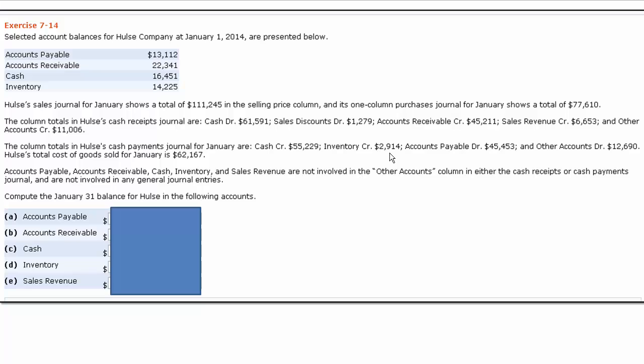And we've got another impact where they talked about cash. And we've got to find that too. Okay? And then finally, sales revenue, we want to show what the sales were. They don't have a beginning balance because sales is a temporary account that appears on the income statement.